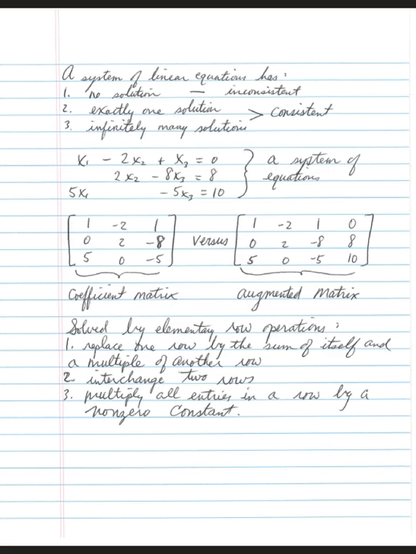And the coefficients of x3 are 1, negative 8, and negative 5. So each column represents the coefficients of each of the three variables above. If you're asked to write an augmented matrix, it is the coefficient matrix with the column of the numerical values from the original system as your last column.